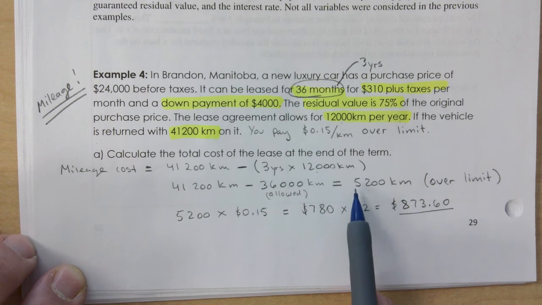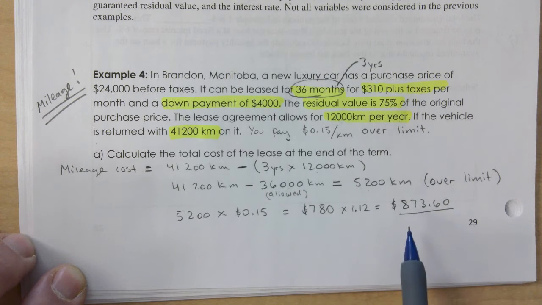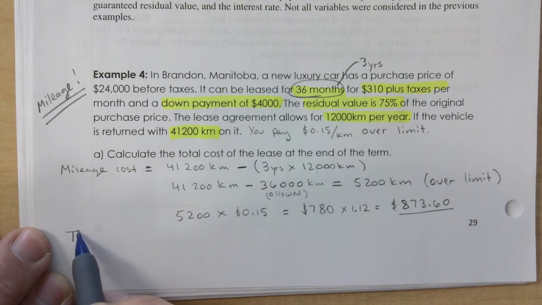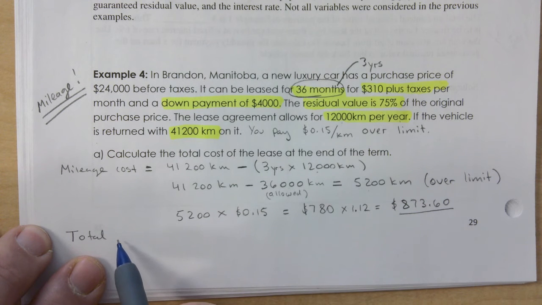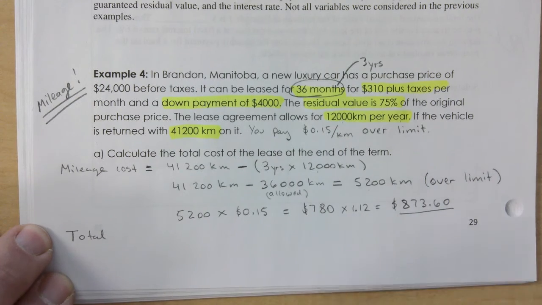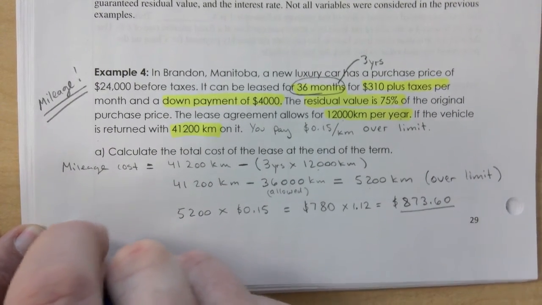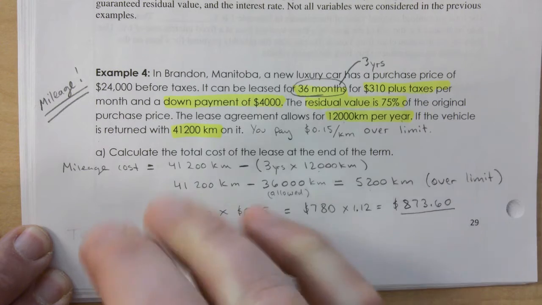But you need to be able to figure out how much you have gone over. Okay? So the total cost of the lease, total, I think I'm going to introduce another step here. Hold on. I will recommend you find the payment first.